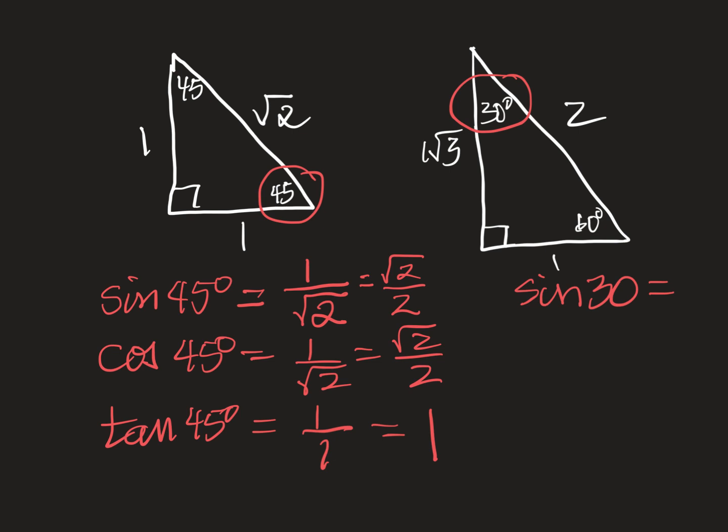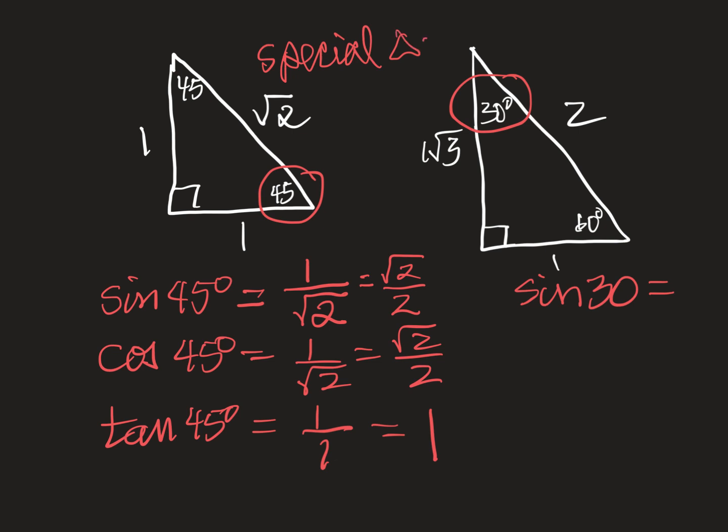I want to talk about exact answers. We already know how to get decimals when we get sine of 45 or whatever, but how do we get exact answers? The way we get them is we only get them for what are called the special angles from the special triangles.